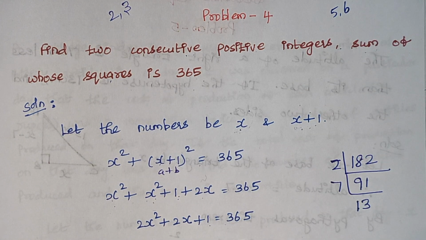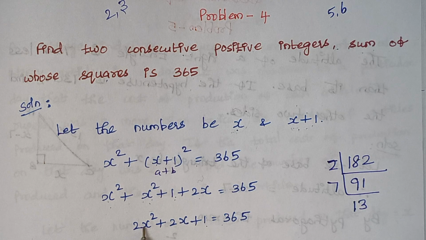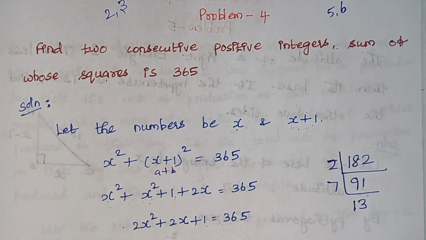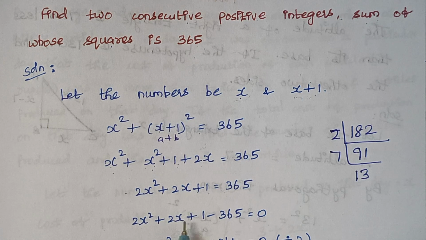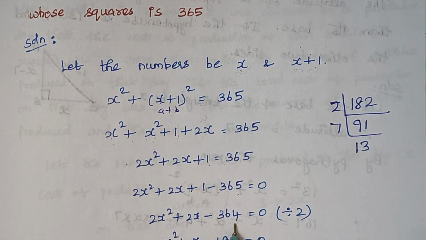Now we are going to make this a standard quadratic equation. So I am moving this number to the left hand side. So here it is 2x square plus 2x plus 1 minus 365. Here 1 minus 365 is minus 364.